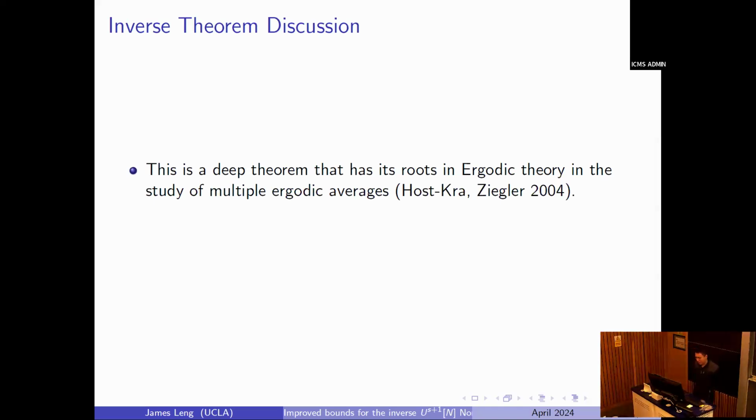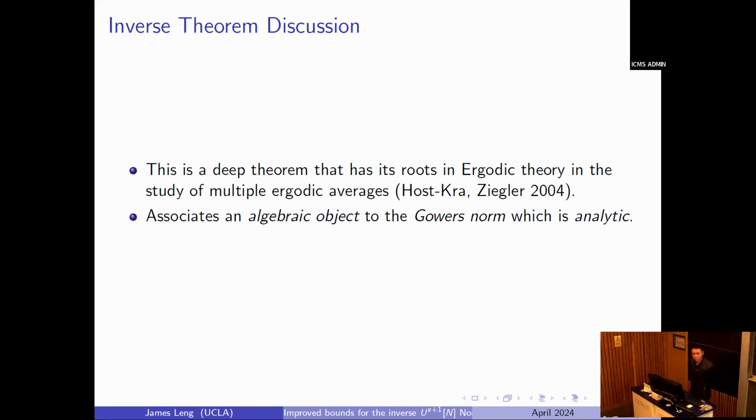Right. So it's been said before, the inverse theorem is a theorem that has its roots in ergodic theory, in the work on multiple ergodic averages from Host-Kra and Ziegler. One of the things it does that I find pretty amazing is that it associates an algebraic object, which is the nilmanifolds, nilsequences, to the Gowers norm, which is purely analytic.